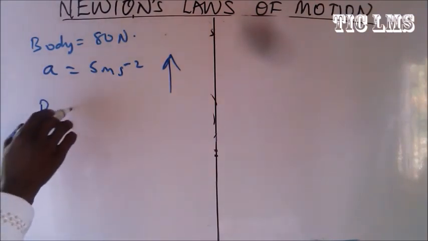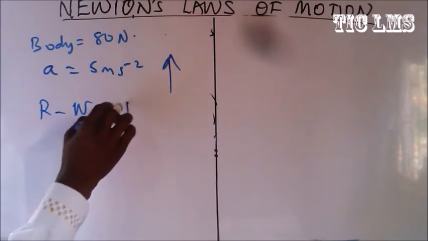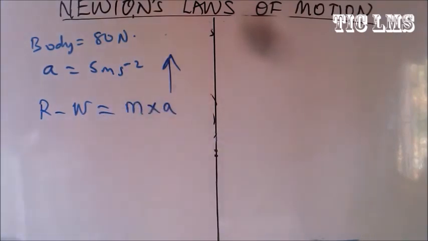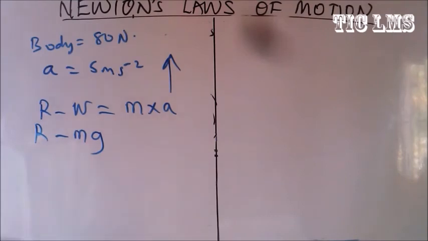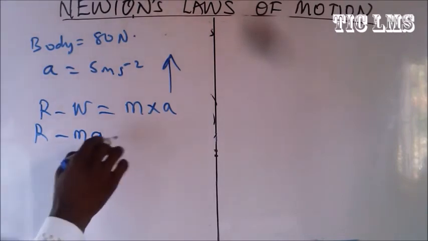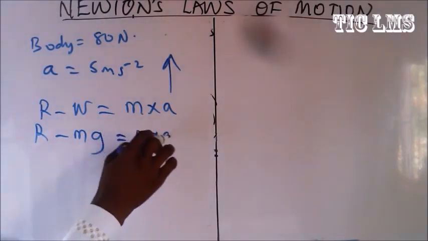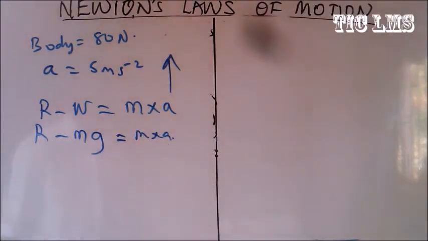That is R minus W equal to the mass times acceleration to which it is moving, where W stands for weight, that is mass times gravity, and R is the force with which the engine of the elevator moves up, equal to the mass times acceleration. In this question, we are asked to calculate this force.